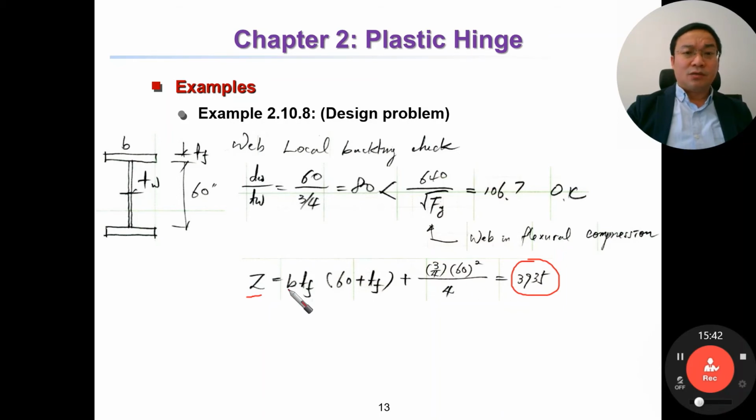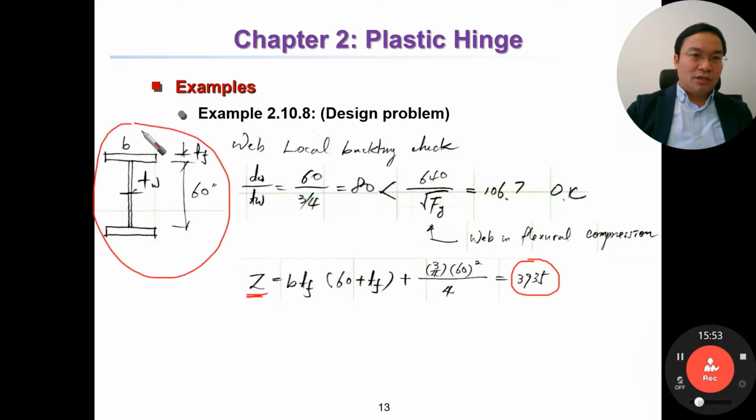In the previous step, we already determined the requirement of Z. And now Z of the section, of this section, can be calculated by this term plus this term. This term is for flange, so B multiplied by Tf and multiplied by the distance from the middle of the upper flange to the middle of the bottom flange, is equal to this one, right?